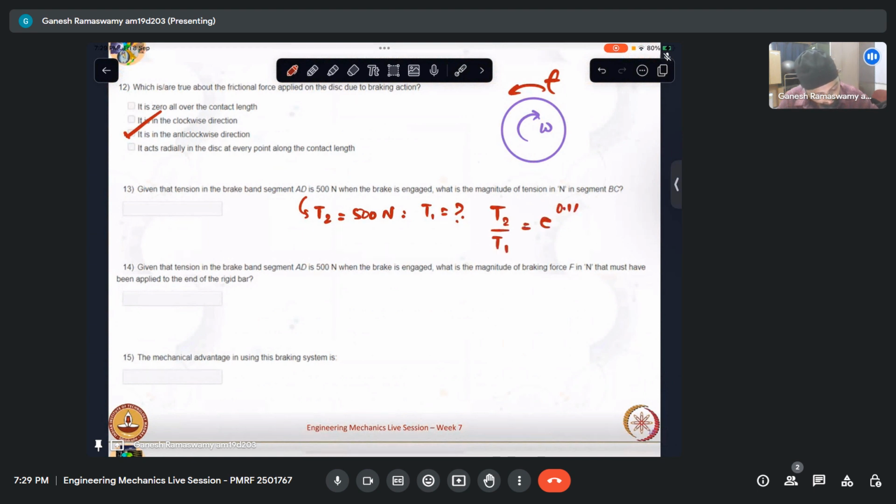Therefore T1 is nothing but 500 by e power 0.1 pi, which comes out to be 365.2 Newton.